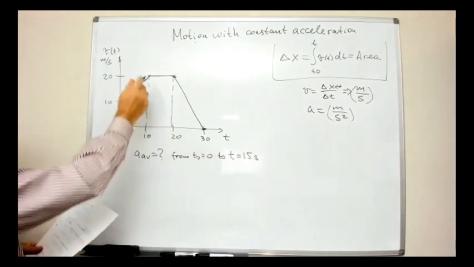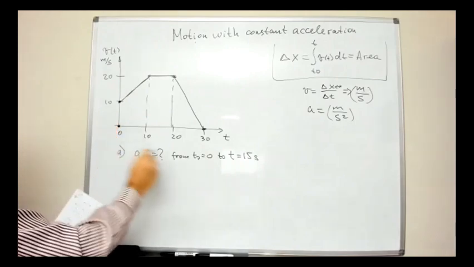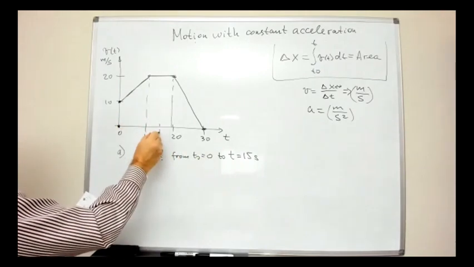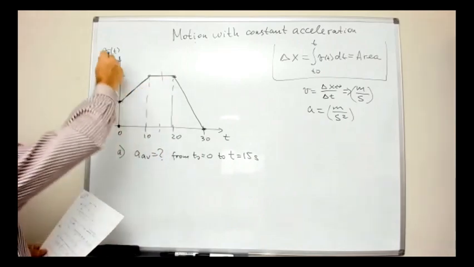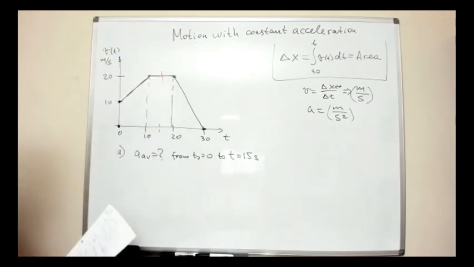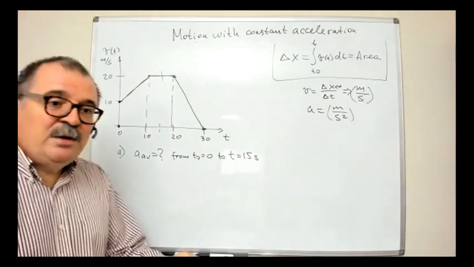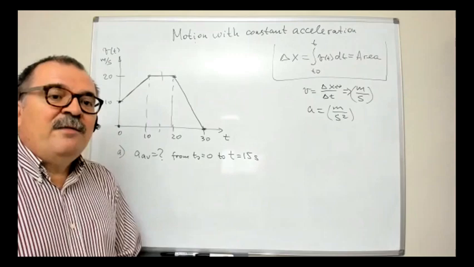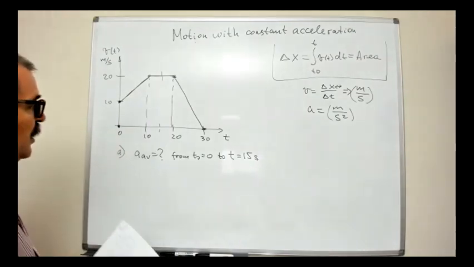So apparently you see here, we're considering the motion between 0 and 15 seconds. You see here that the velocity changes. So apparently during this time interval, there is acceleration, and we want to find what is the average acceleration here.